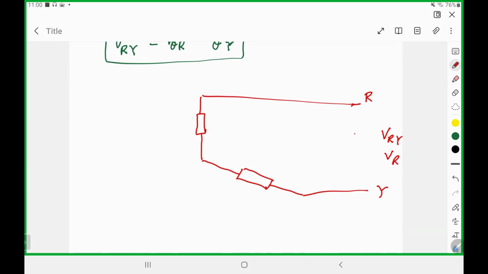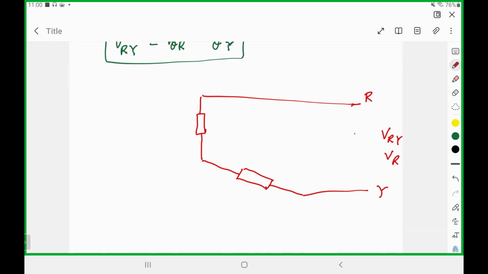Now, in order to write down the KVL, this is my way of understanding. You can take this one or you can find your own way of writing it. This is AC. There is no fixed polarity of the voltages. There is a polarity, but it is constantly changing.